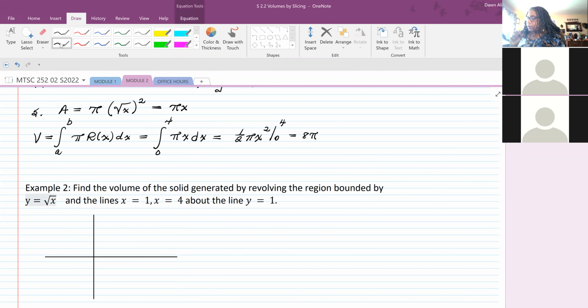Okay, line y equals square root of x. So let's draw that again. Between x equals 1, so it's bounded by the line x equals 1, x equals 4, and the line y is equal to 1.